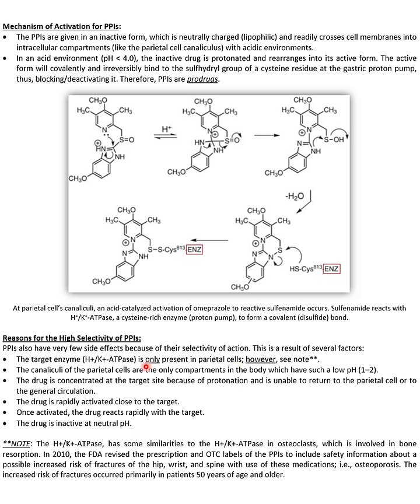The point I wanted to mention here is that there is another enzyme, an H plus K plus ATPase, that has a high similarity to the first, and this second enzyme is actually present in the osteoclast, which is a type of bone cell.